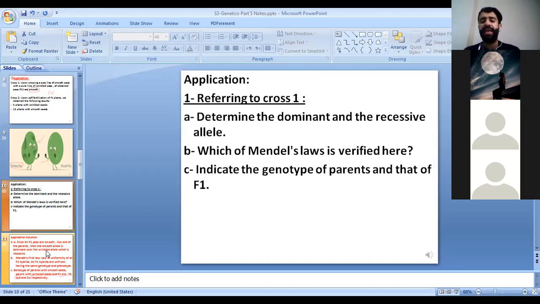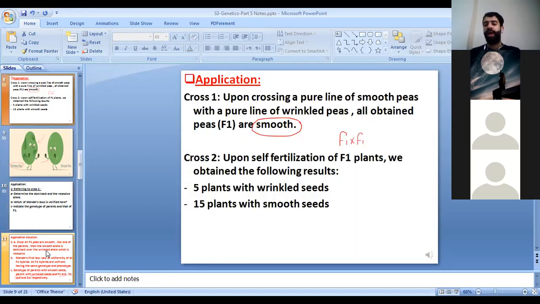Moving to part C: indicate the genotype of the parents and that of F1. Sarah Khalifi, the genotype of the parents. Did we give the symbols first?